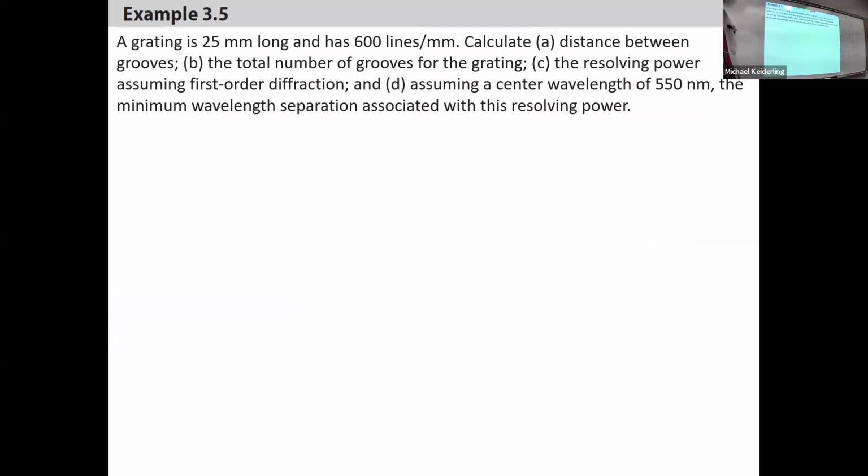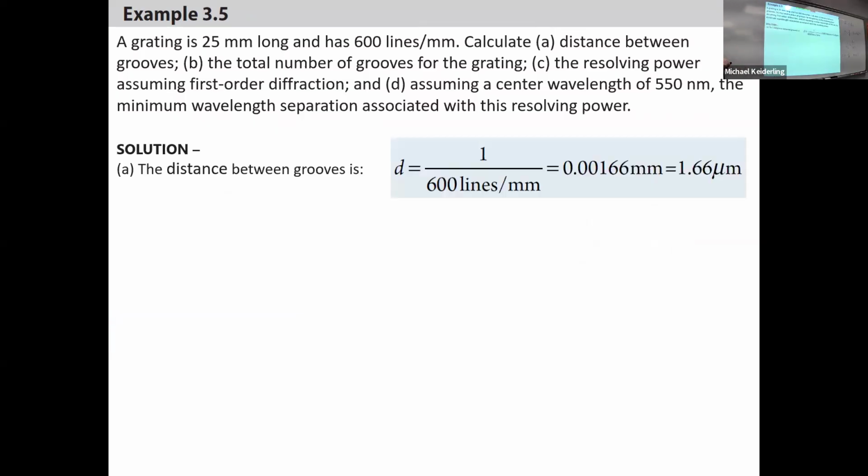And if you have a grating that's 25 millimeters long and it has 600 lines per millimeter, we want to calculate the distance between the grooves, the total number of grooves, the resolving power assuming first order diffraction, and, assuming a center wavelength of 550 nanometers, the minimum wavelength separation associated with this power.